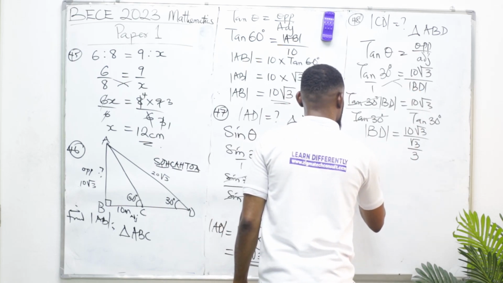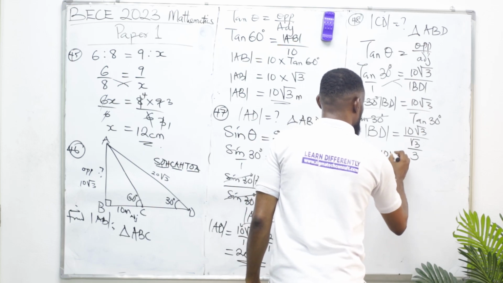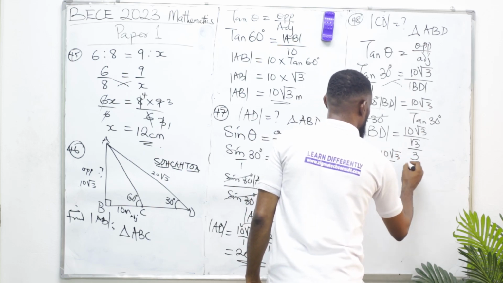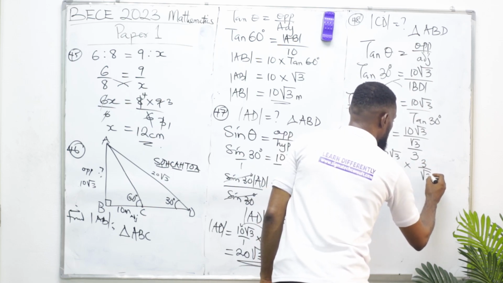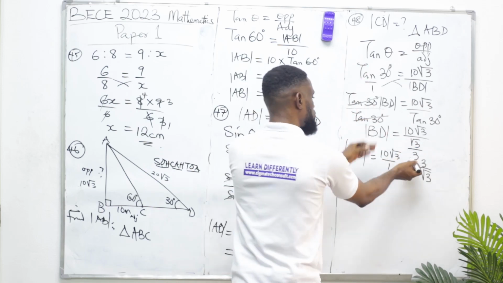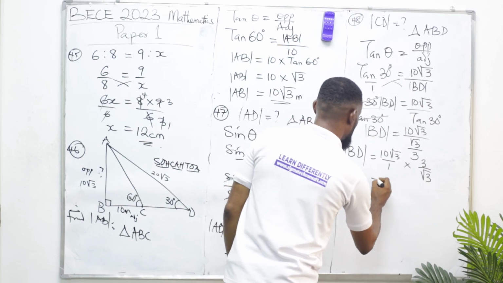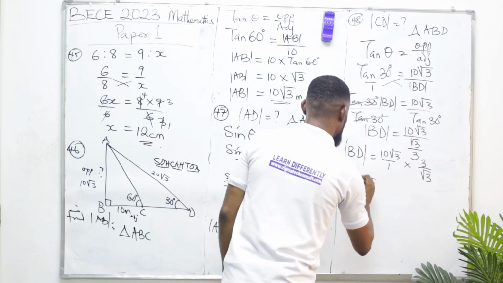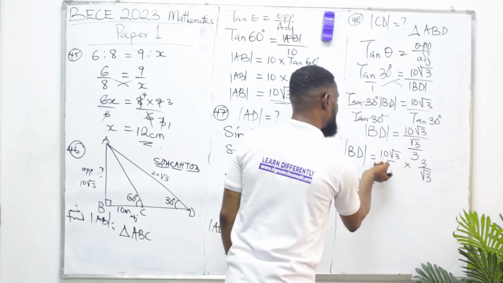So BD is equal to 10 root 3 over 1 times 3 over root 3. This division, change this one up and this one down, right? So BD will now be equal to 3 times 10.